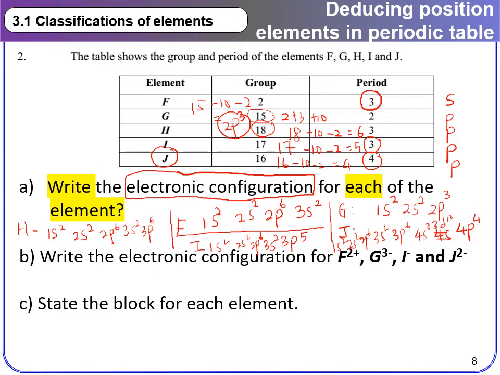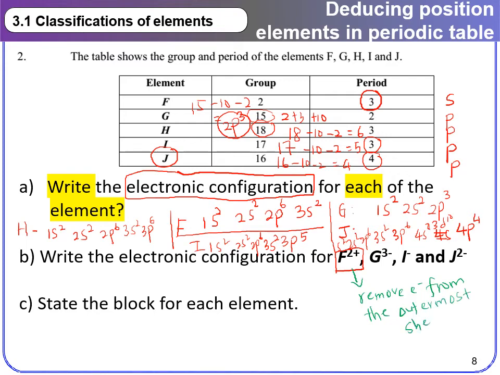Okay, next, write the electron configuration for F2+. F2+ means that it is going to lose electrons. If it is going to lose electrons, we are going to remove electrons from the outermost shell.